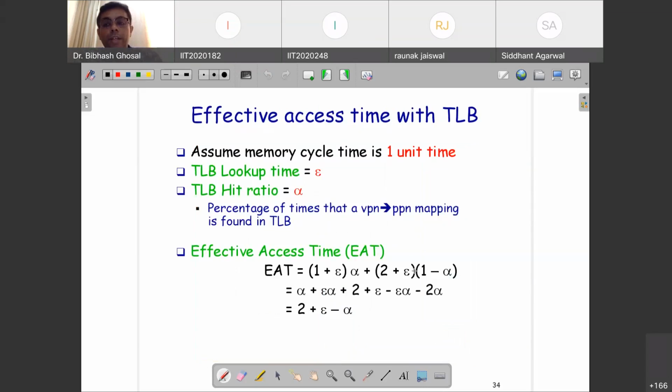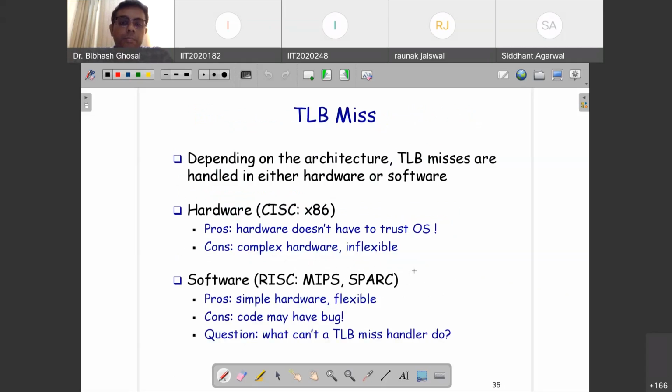If you don't have a hit, then you add that additional searching time along with the miss time, and that is what we call the penalty. Depending on the architecture, TLB misses are handled in either hardware or software. If it is hardware, then it's a very complex thing. And with software, you have to find out what the problem is and fix that.